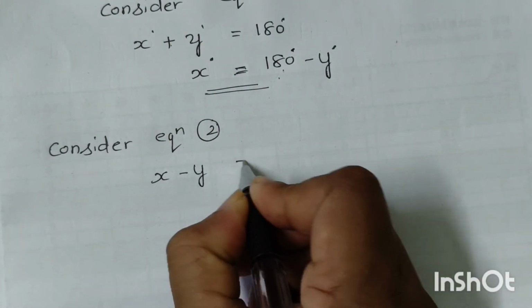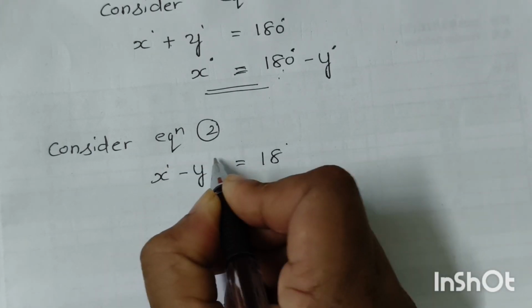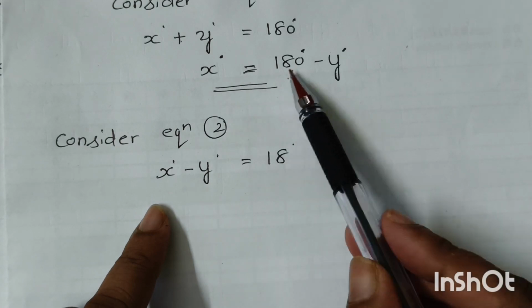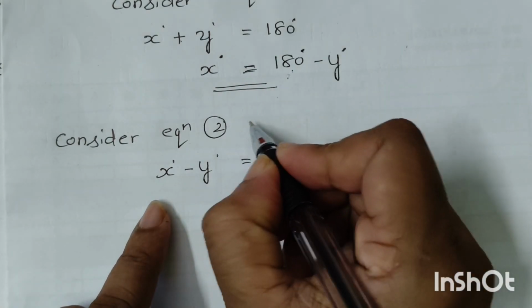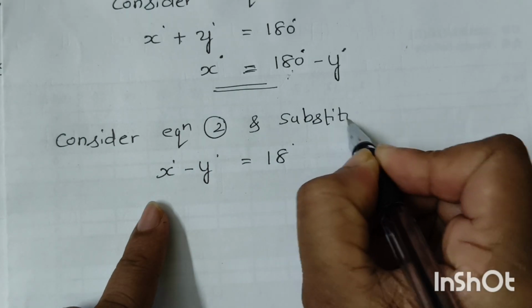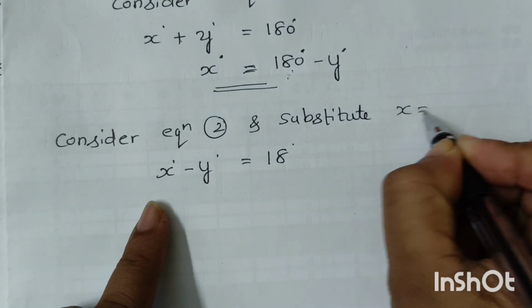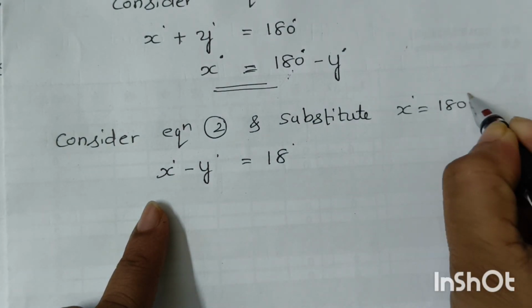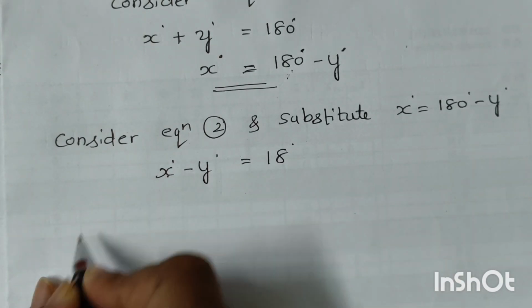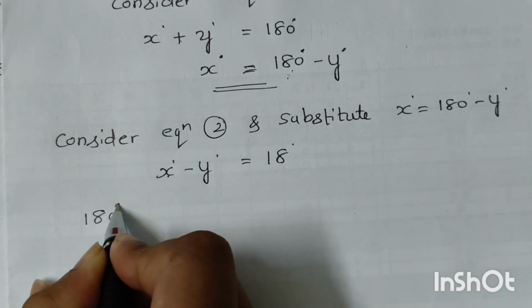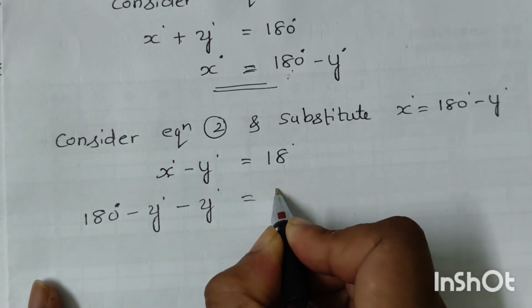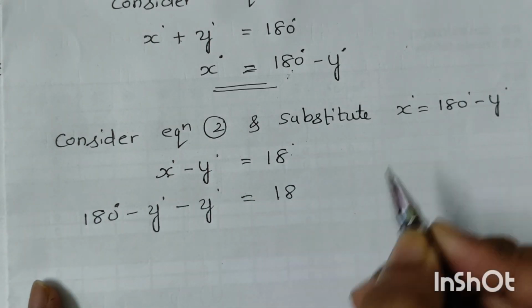In the place of x we can write 180 degree minus y. So in the place of x, let us write 180 degree minus y degree is equal to 18.